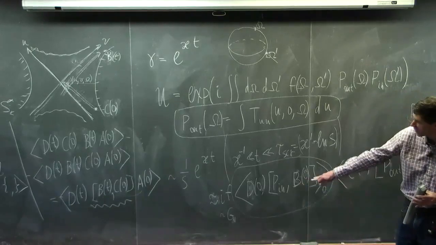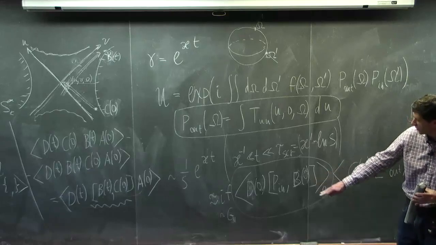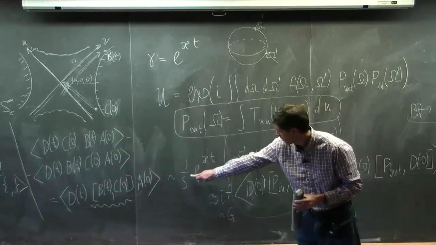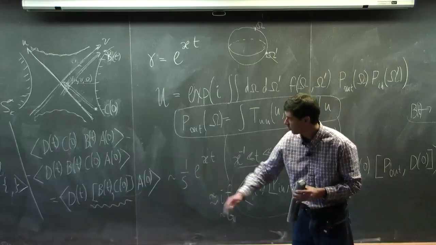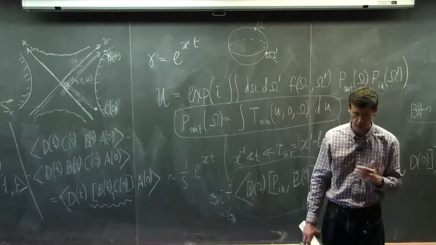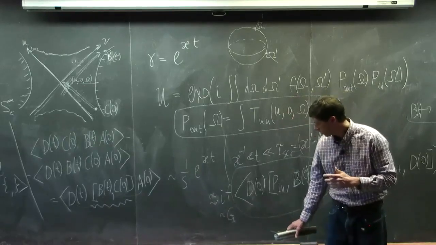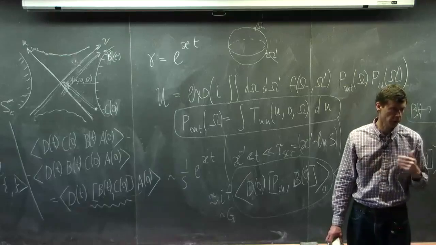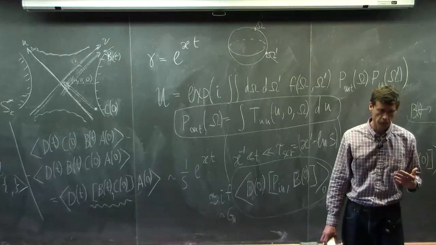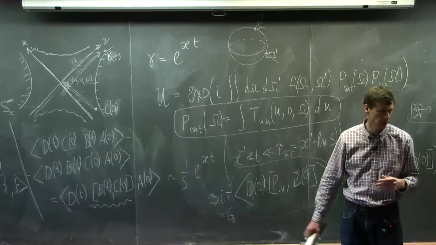And in fact, to find this thing, I'll show you the model in a moment, but what I did is this. I wrote a kinetic equation for this 4-point correlator.